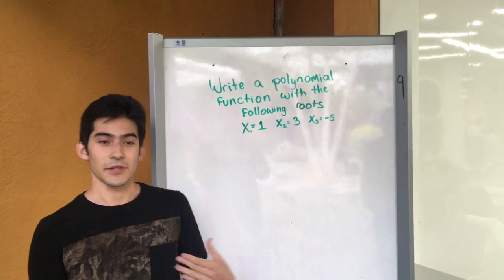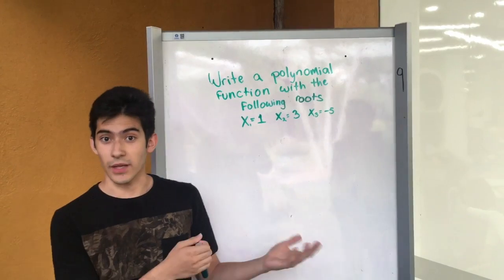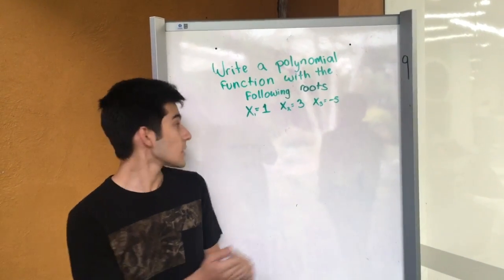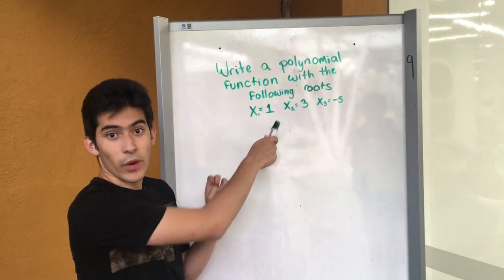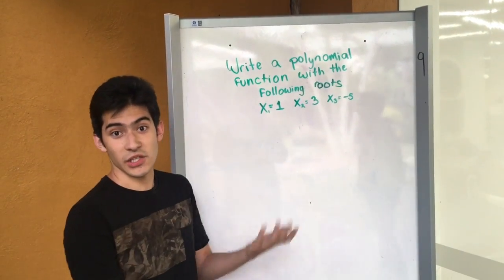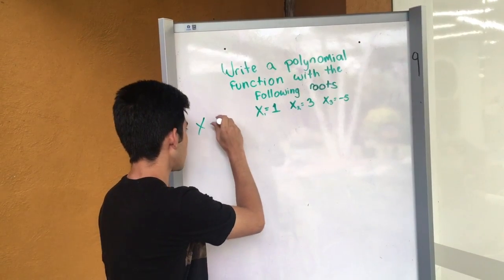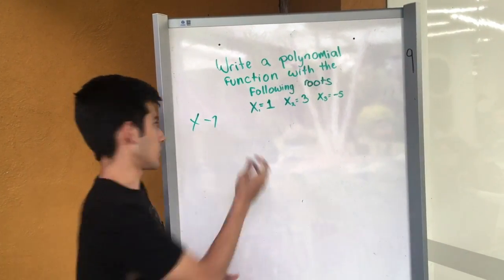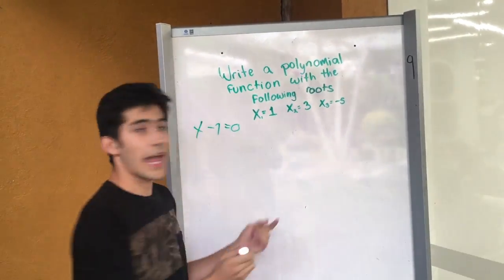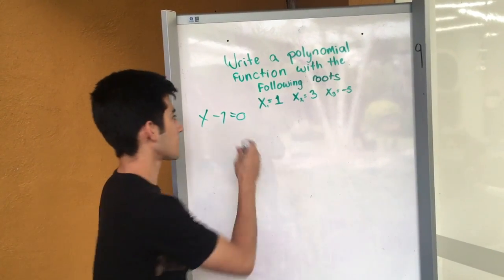We have the roots. So the first thing we have to do is equalize them to 0. For this, the result that we have here, we have to pass it to the other side by changing its sign. In this case, it would be x minus 1, and we equalize them to 0. And we do the same with the other roots.